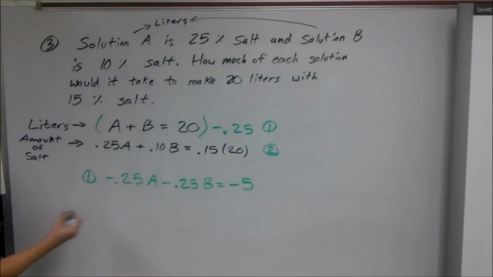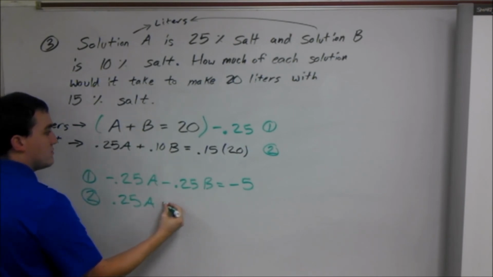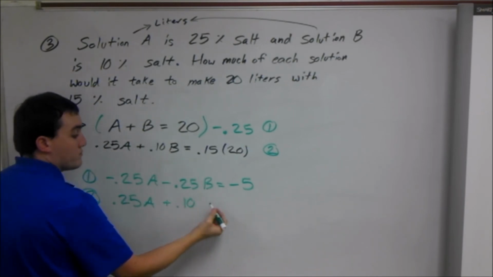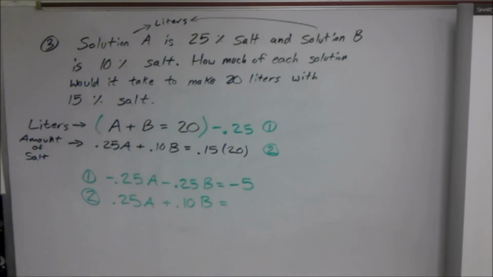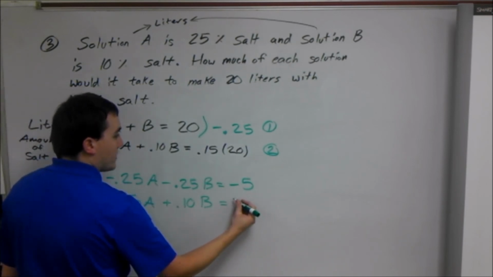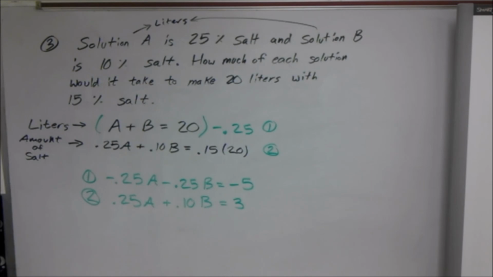All right, so that's our first equation. And the second equation stays the same: 0.25A plus 0.10B, or 0.1B will work too, equals 3. Okay?